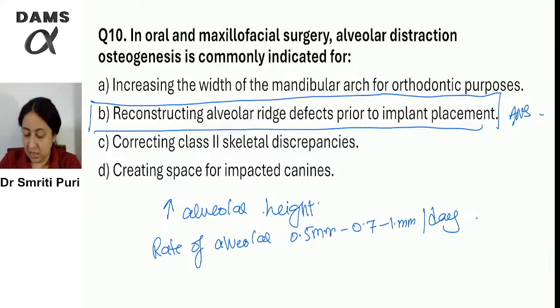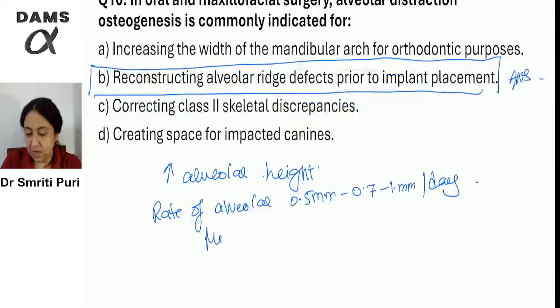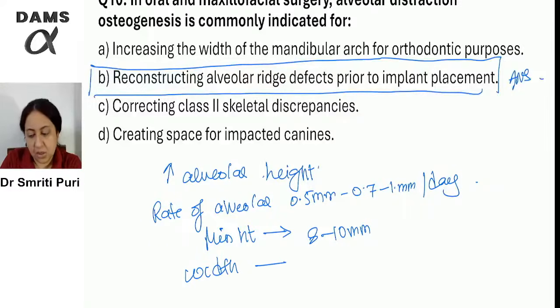Okay, and there are a few prerequisites. The minimum height which should be available for alveolar distraction to be possible is 8 to 10 mm, and the minimum width that should be available is 5 mm. Please note this down, important points these are.